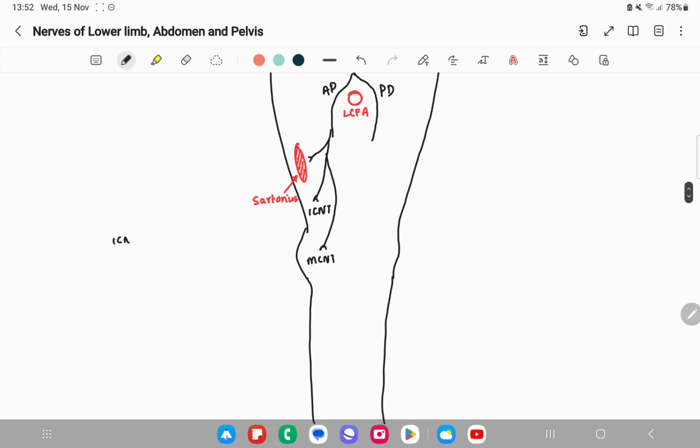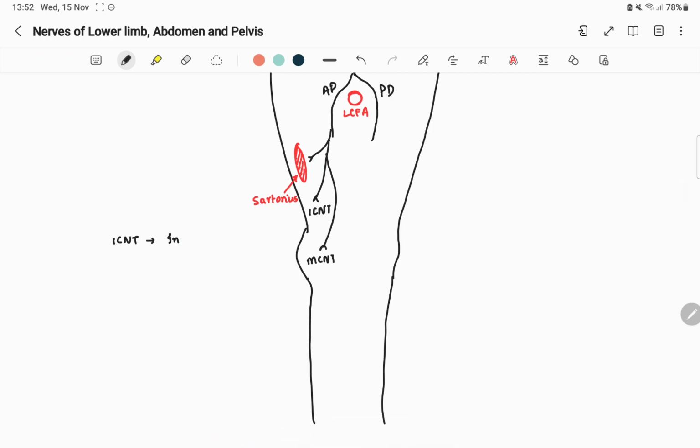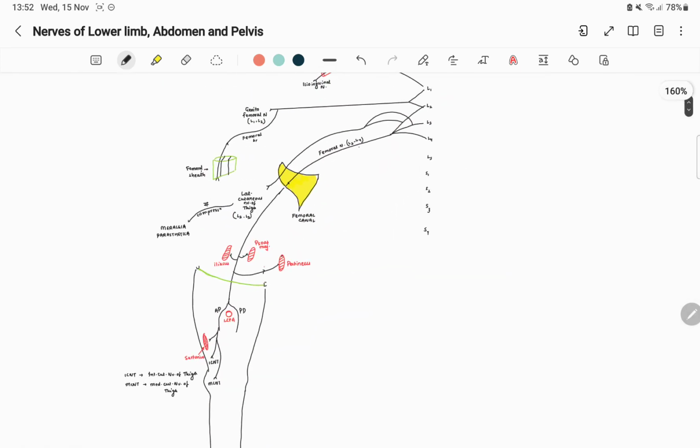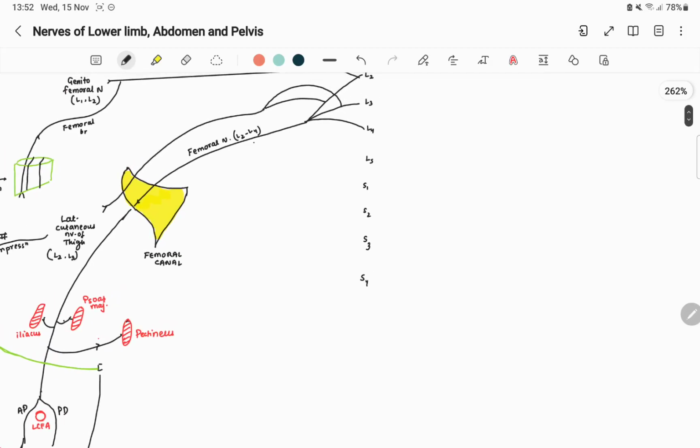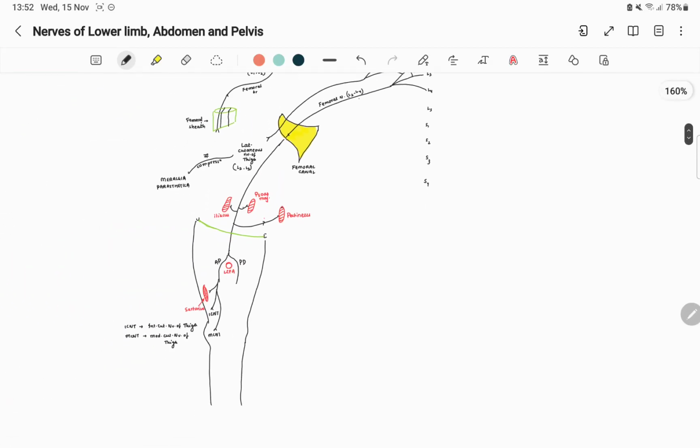ICNT is the intermediate cutaneous nerve of thigh, and MCNT is the medial cutaneous nerve of thigh. You saw that we also had a lateral cutaneous nerve of thigh, which was going through the femoral canal. Understood?